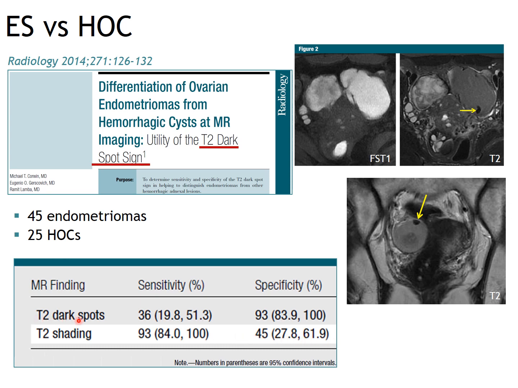In contrast, T2 dark spot sign has low sensitivity but high specificity. It means that these 2 signs are complementary to each other, and if we see both signs, we may make a diagnosis of endometrioma with high sensitivity and high specificity, so high accuracy.